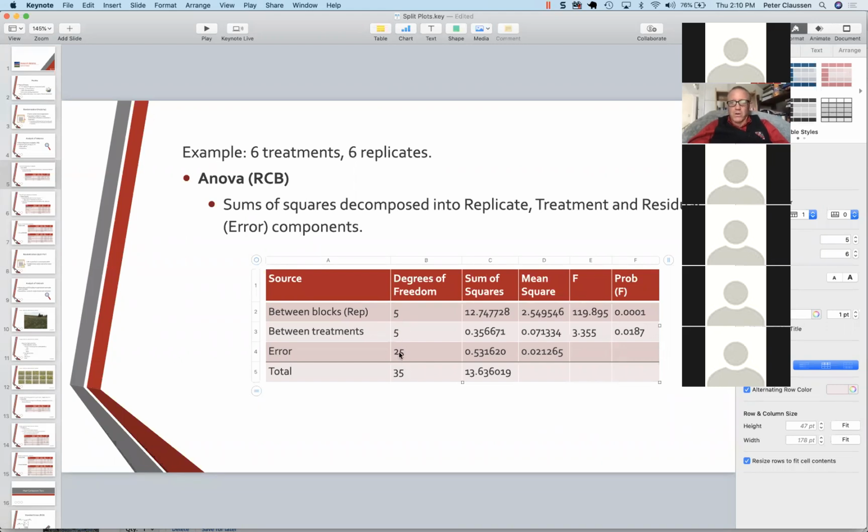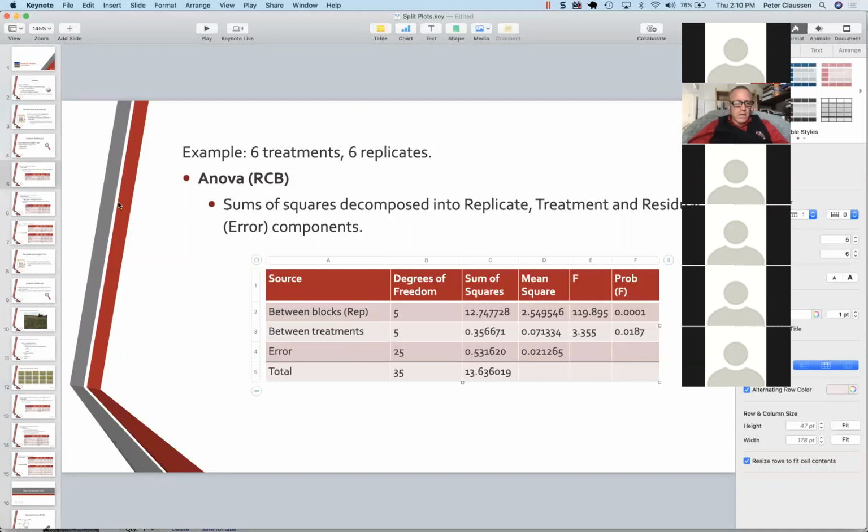And our error works out to be 6 minus 1 times 6 minus 1. It's the interaction between treatments and blocks. Although since we don't have any other observations, we don't have any other degrees of freedom for error, so we never decompose that or explicitly state that as block by treatment interaction.